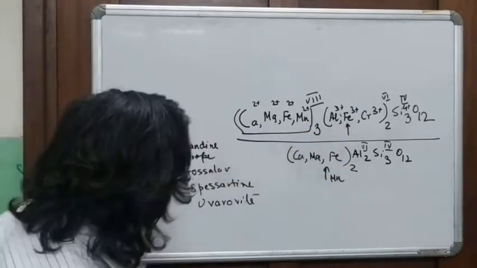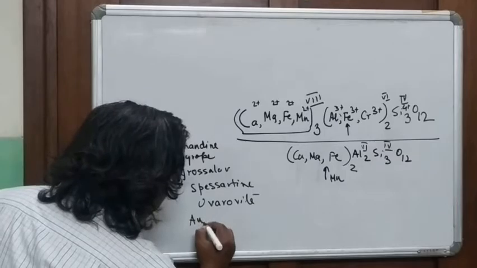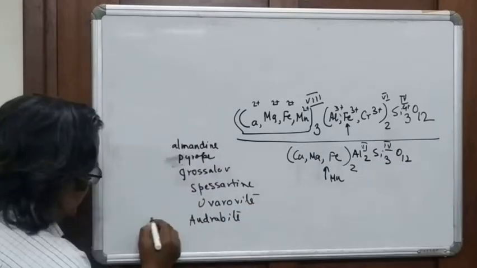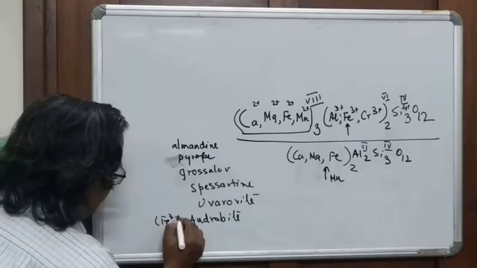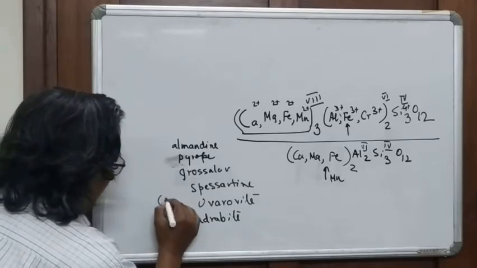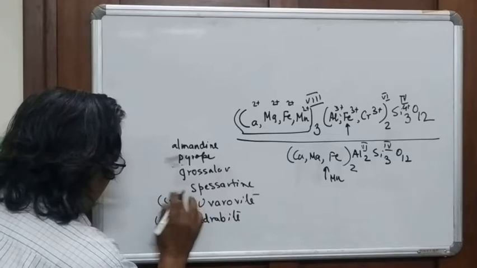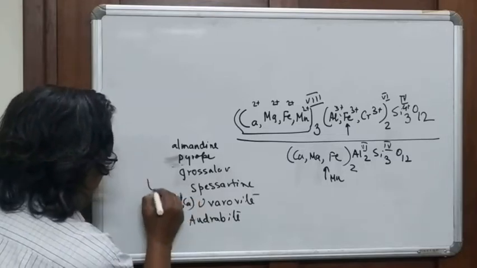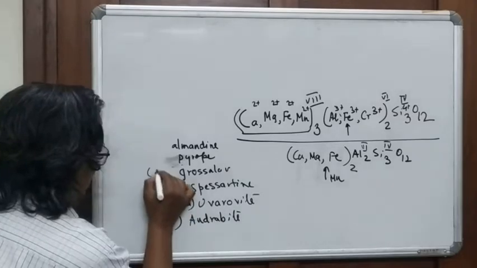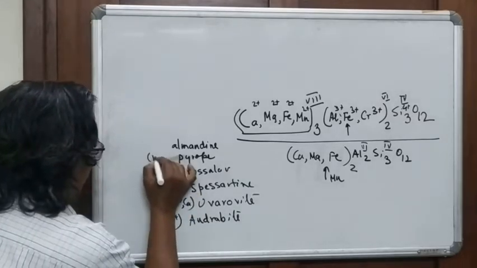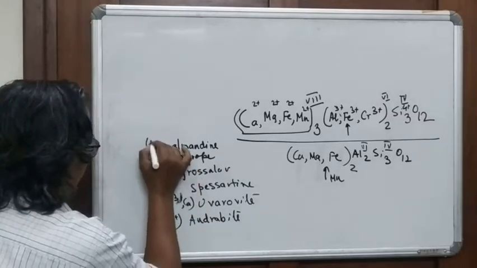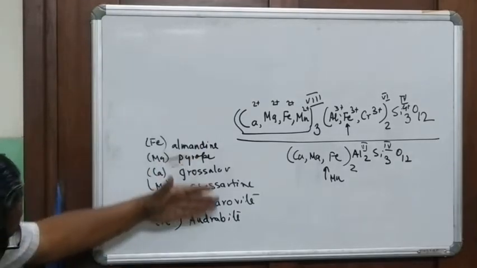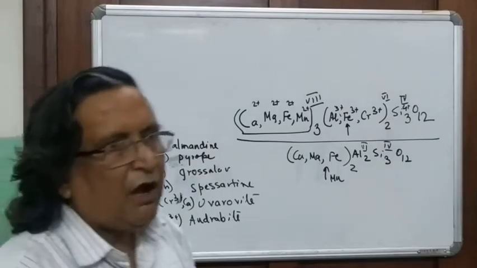If you have ferric iron, then you have andradite garnets. So Fe3+ is the key here, andradite. Uvarovite is chromium calcium garnet. Spessartine is manganese garnet. Grossular is Ca garnet. Magnesium is pyrope garnet. Almandine is iron garnet. So these are the phase components of garnets.